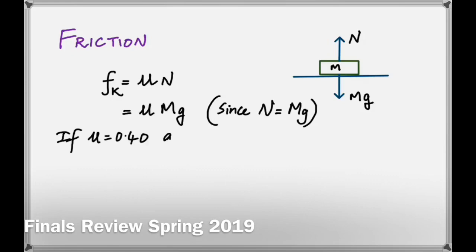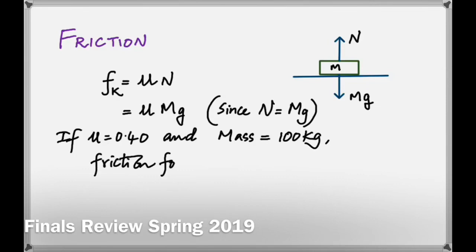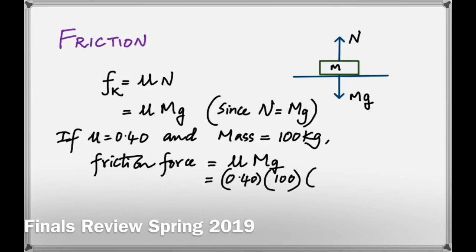if mu is given as 0.40 and mass is 100 kilograms, can we find the friction? Can we find the friction force? Mu times mg, 0.40 times the mass is 100, g is 9.8.